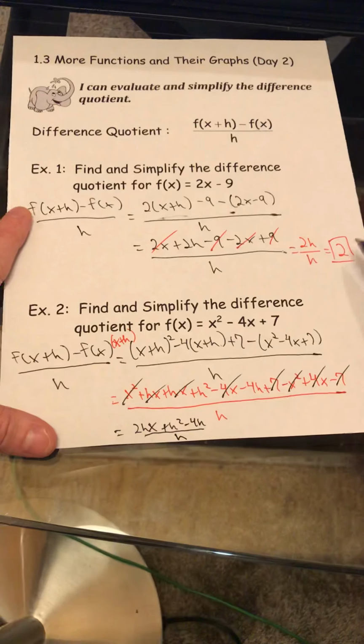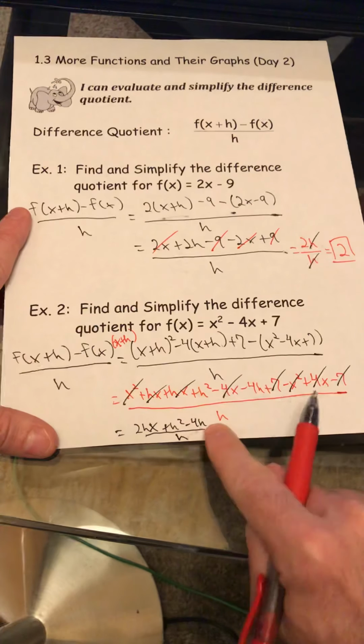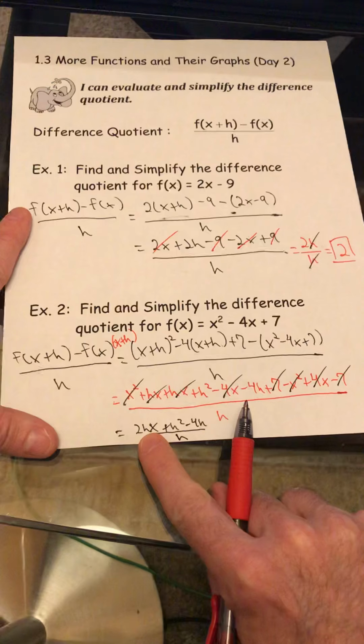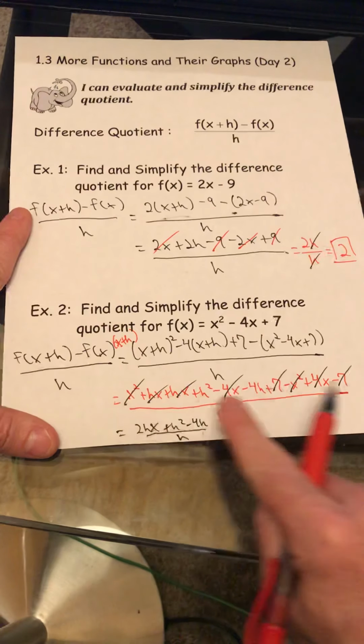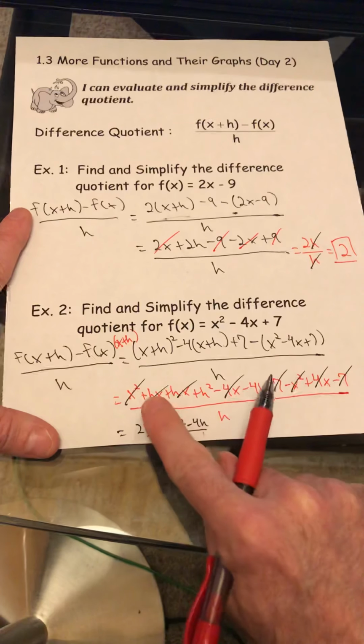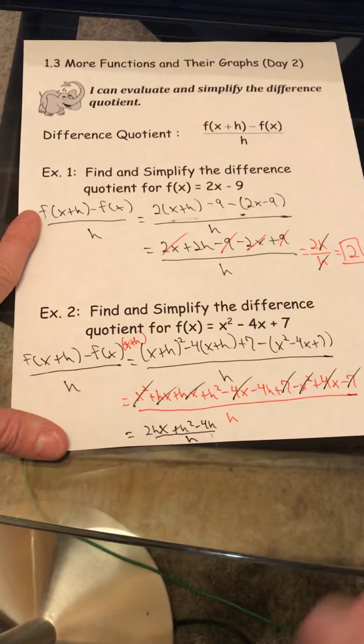Now, unlike the last one up above where we had the 2h over h, which was nice and easy, just cancel there, do not actually cancel the h's here. These terms all have an h. That's what I was saying up above: everything that does not have an h should cancel if you have done these correctly.